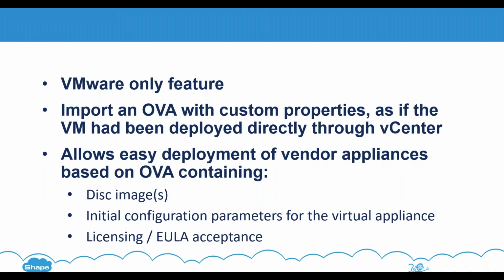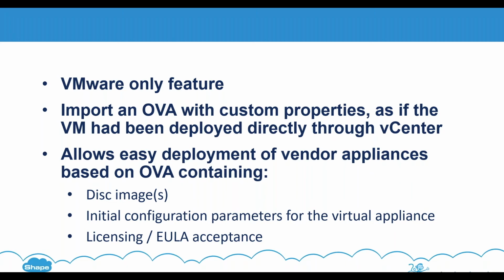So as Paul says, the use case here is around being able to easily deploy appliances in CloudStack, and to be able to read from the OVF all of the configuration information that's required to correctly deploy that appliance.